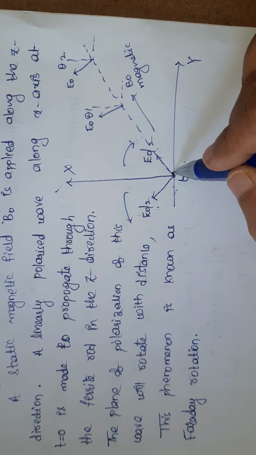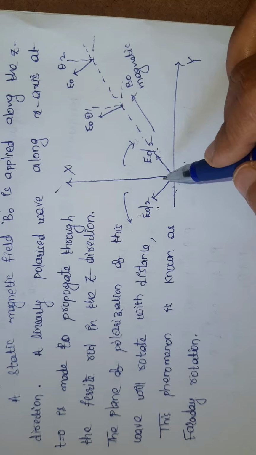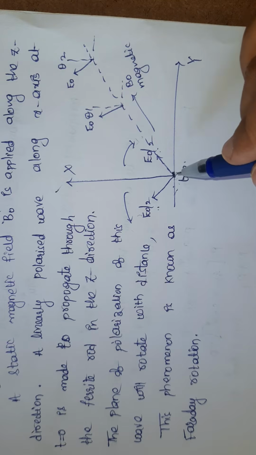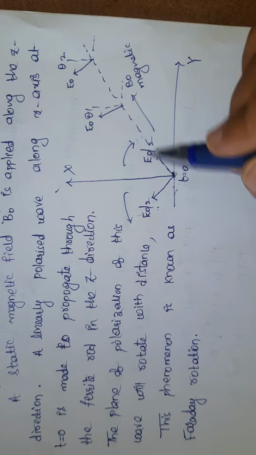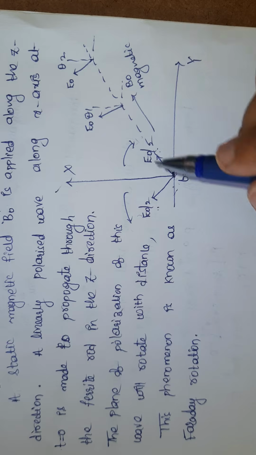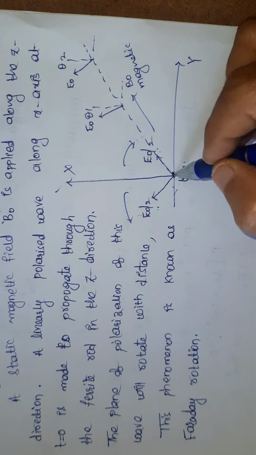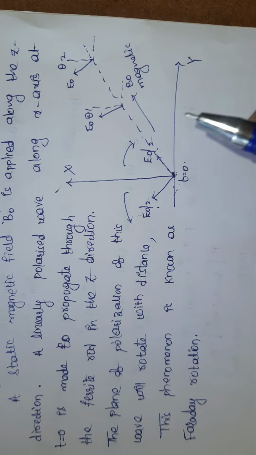Initially the wave has a phase of theta 1. After it passes through the ferrite rod along the z direction, it will have another phase, theta 2. So there is a phase difference for the wave passing through the ferrite rod along the z direction.